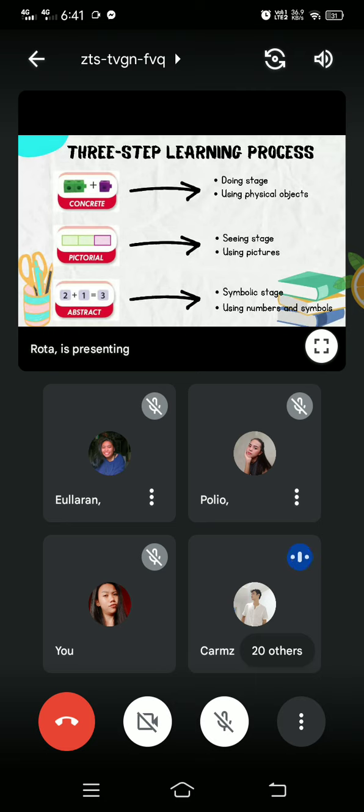You have to let the child hold something to represent a quantity or a number. That's why we need manipulatives and physical resources for children to better understand the concept of numbers and quantities.